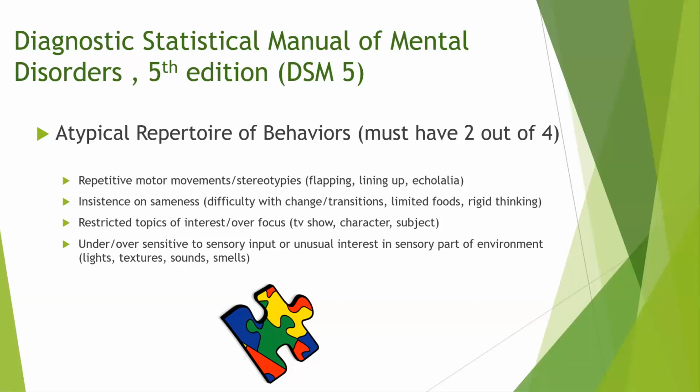A lot of times when they get very rigid or inflexible in the way they think, this is actually one of the driving points of what comes across as challenging or problematic behaviors when they start acting out.